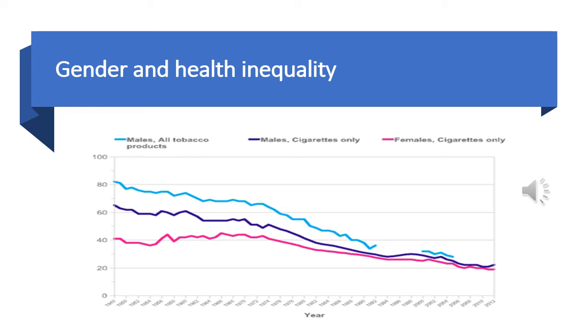Although there is a decline in overall tobacco consumption, you can see that women's smoking is still converging with male smoking and did not really decline compared to the decline that happened in male smoking.